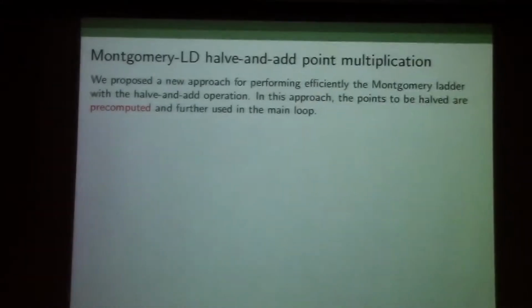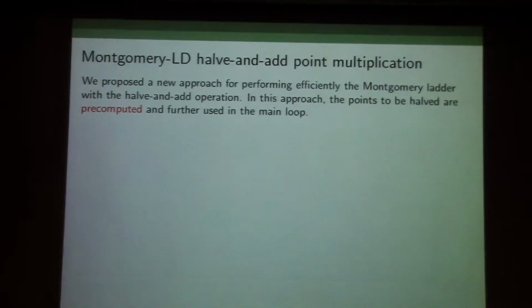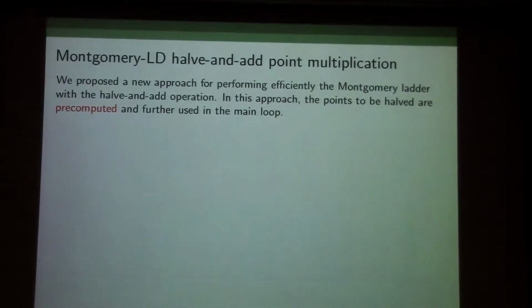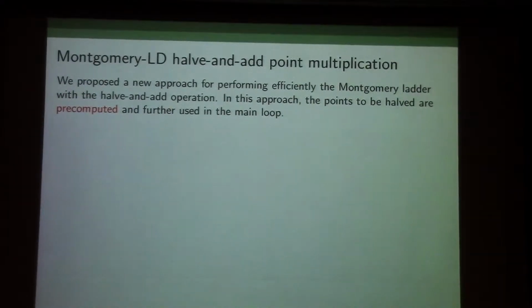So it can implement timing-resistant scalar multiplication. What we had until our work is the algorithm called Montgomery LD, proposed by López and Dahab. This Montgomery ladder is used for binary curves and uses point doubling for processing the ladder. But in binary curves we have one operation which is called point halving.